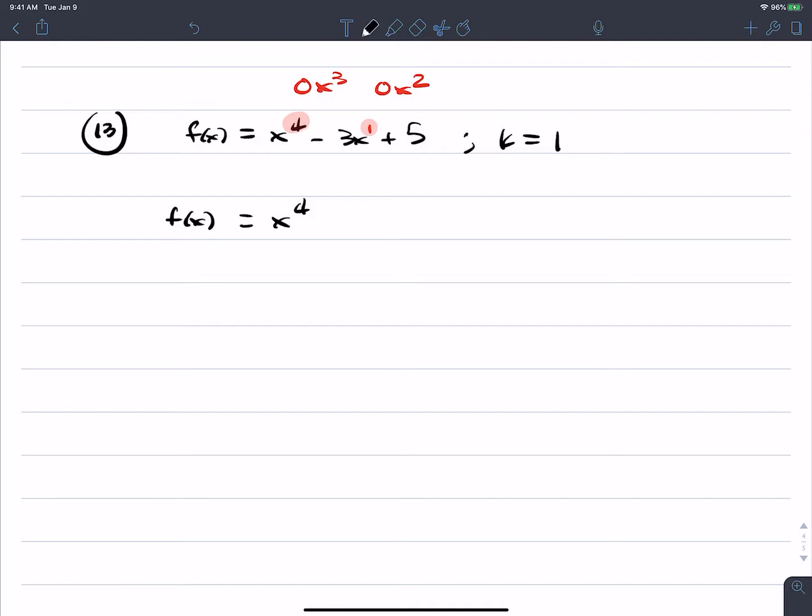x to the 4th. Looks like we lost some things here. We're going to bring them back. Plus 0x cubed plus 0x squared. Don't forget this is going to be minus 3x plus 5, and then k here is 1.